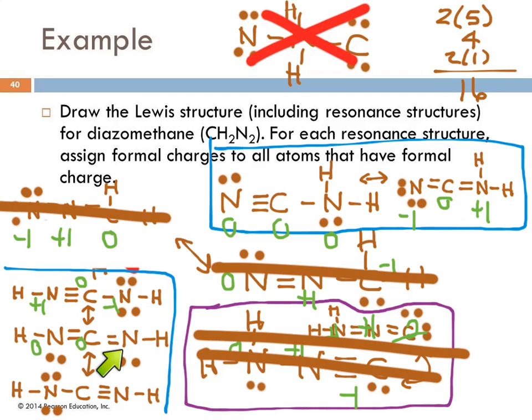And this nitrogen, 0. Ooh, writing in the wrong place, 0. Uh-oh, we got another 000. Darn it. This nitrogen, -1. This carbon, this nitrogen, +1.